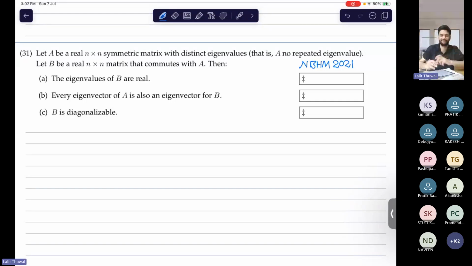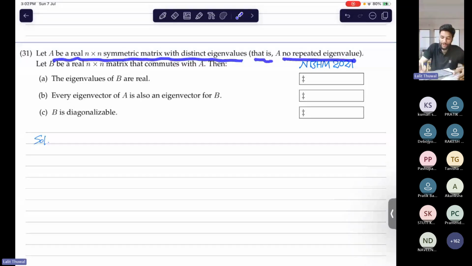Yes, correct. So let me explain it also. Let A be an n cross n symmetric matrix with distinct eigenvalues. That is, A has no repeated eigenvalue.